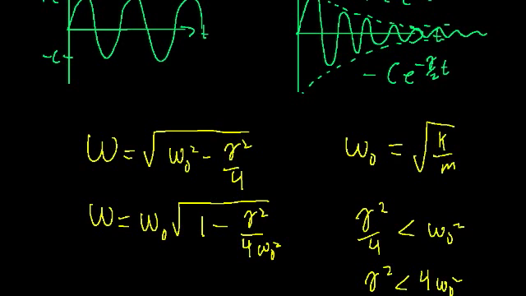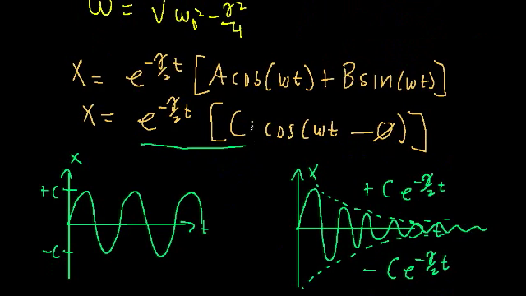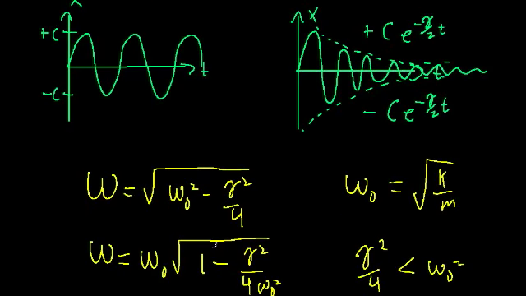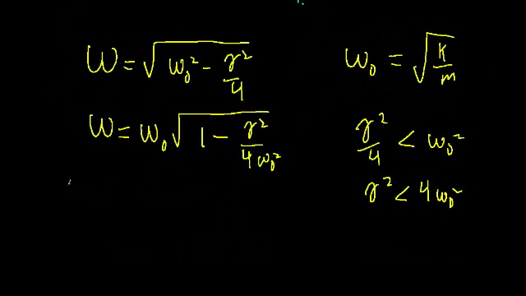Now, let's do one quick exercise and say, what would happen if we had no damping? Would we be able to recover our original solutions for simple harmonic motion? No damping would correspond to b equal to 0, which would mean that gamma is equal to 0.